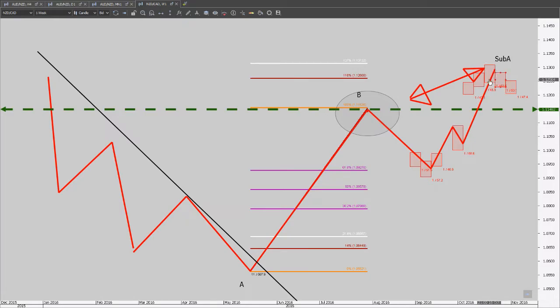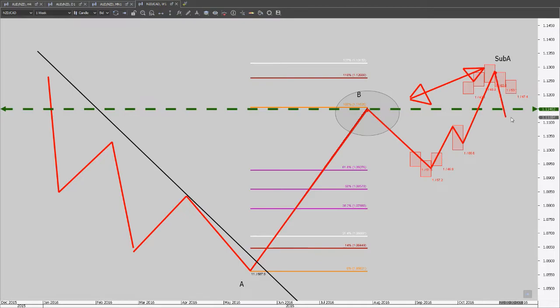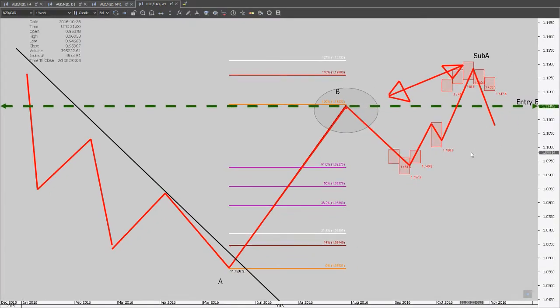Well, I don't know. But this is what I know, that if the market is going to retrace and fall further, this is the starting point of the retracement. Where is the sub B going to be? We don't know, but what we know is the market is going to retrace, right?